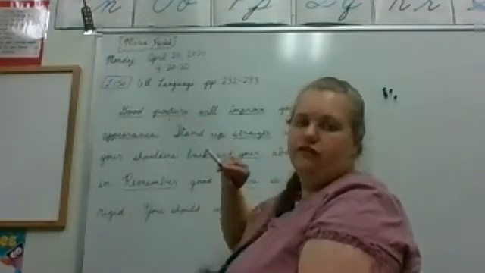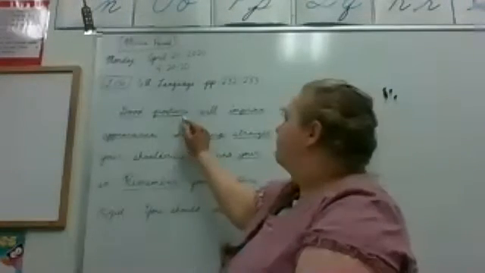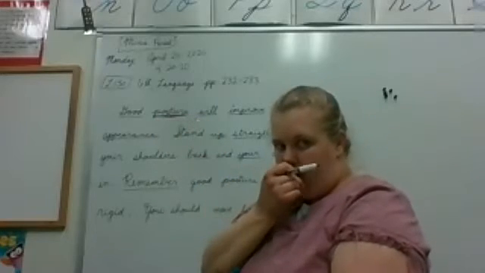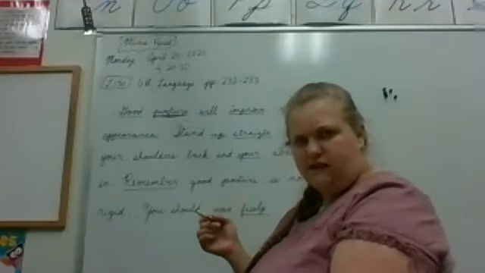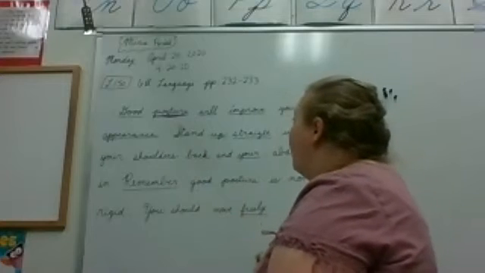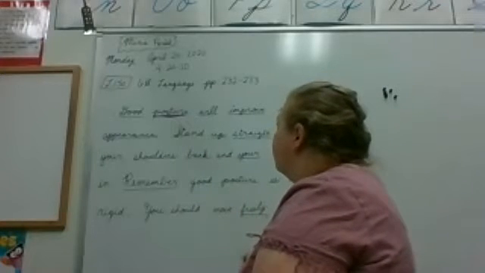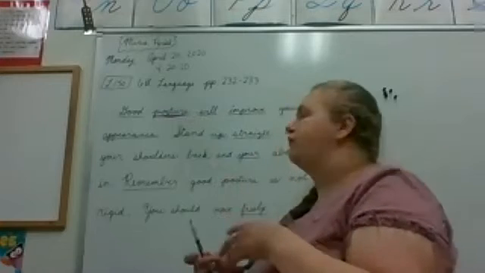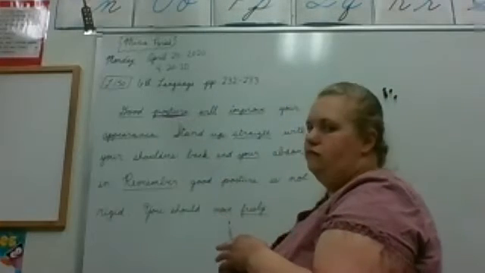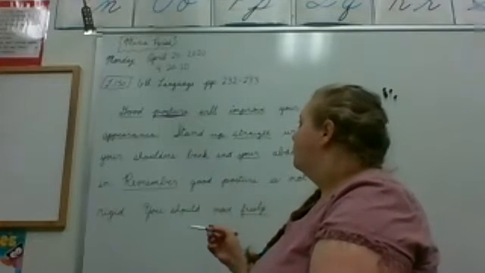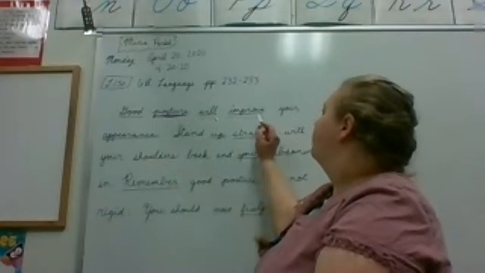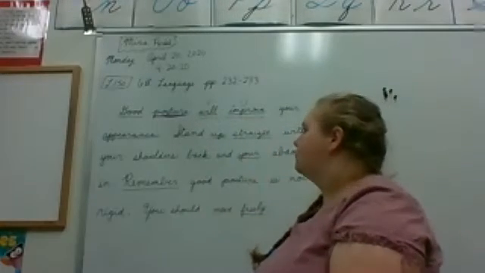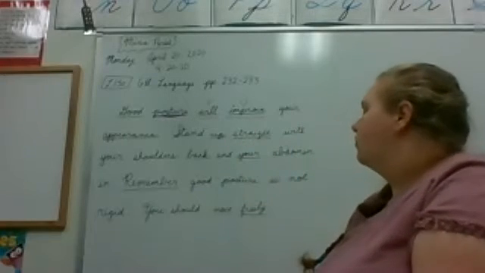So posture, I'm going to underline it in this color, the darker or the brighter color. Although it doesn't look like it's coming up any different than what I've got. Posture is our subject. So what's our verb? It's actually will improve. So these are verbs, right? Okay, so that gives us two of our words in this sentence.